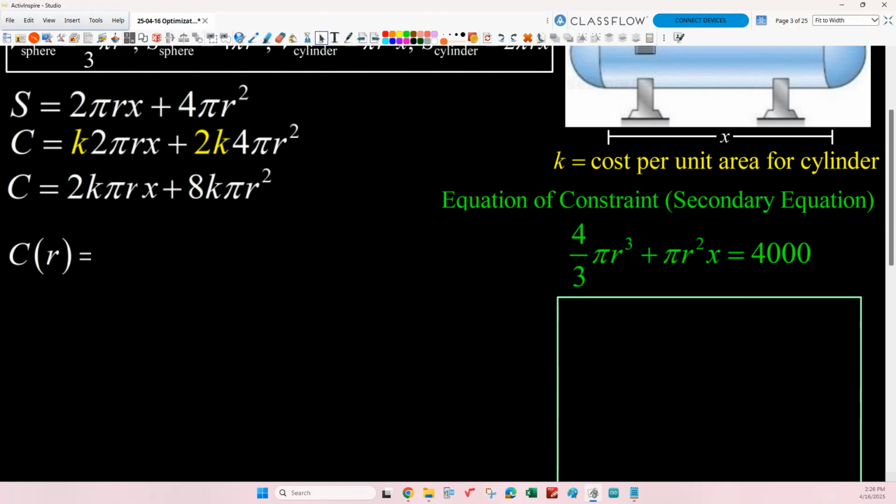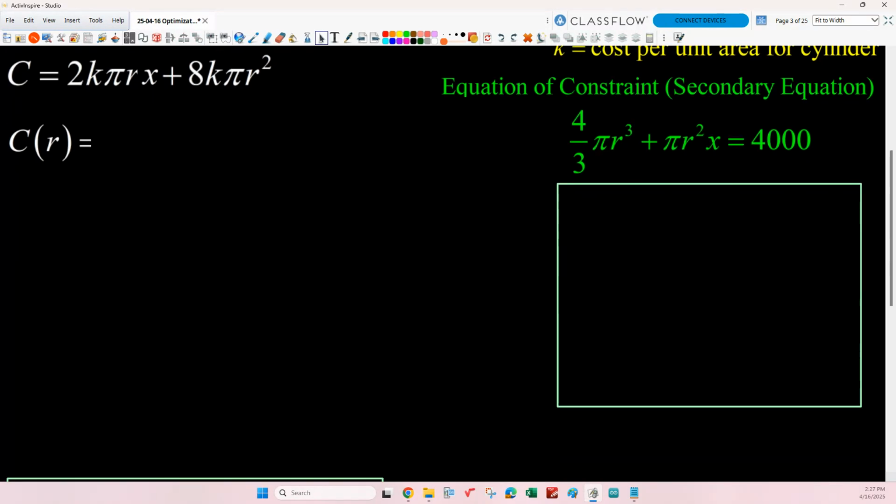Right? Everybody see that? R would be a really bad choice because it'd be really tough to solve for R. And even if we did, when I'm substituting R, I've got an R term and an R squared term. So again, that'd be really tough and totally unnecessary, right? So we want to solve for x, which is easy to do. Just going to subtract that term and divide by pi r squared.